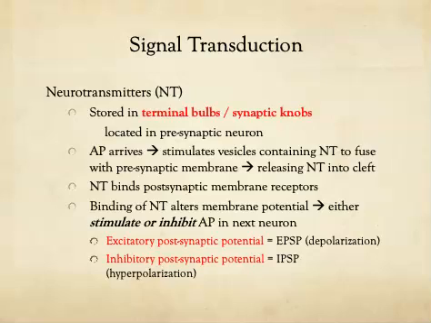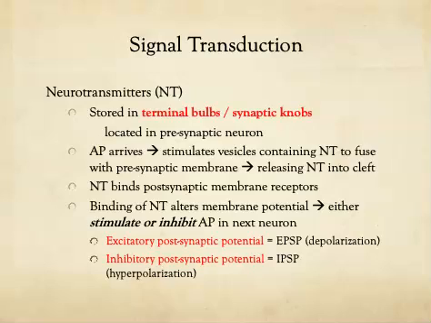Kinesins are going to carry them down microtubule tracts, down into these terminal branches, into these bulbs at the end of the terminal branches, what some people call synaptic knobs. The vesicles full of neurotransmitter get stored right there at the end of the terminal branch in these knobs or bulbs.